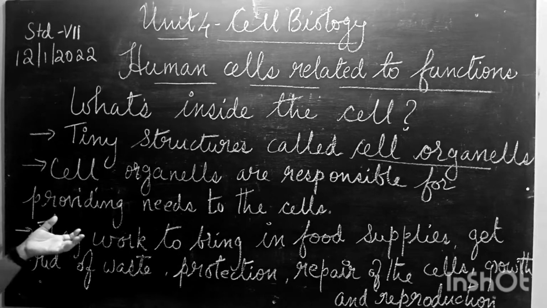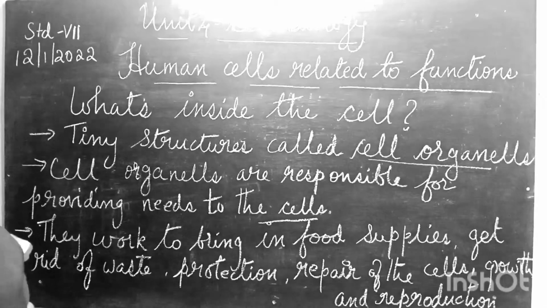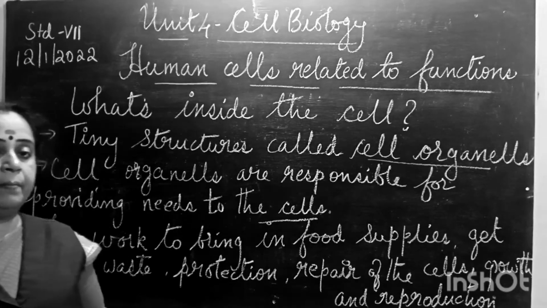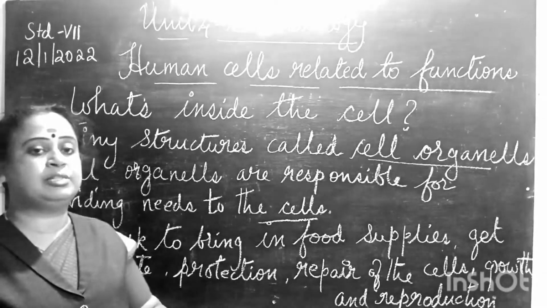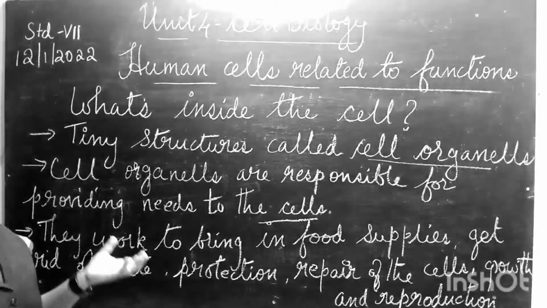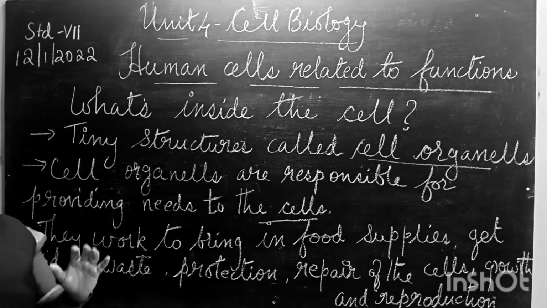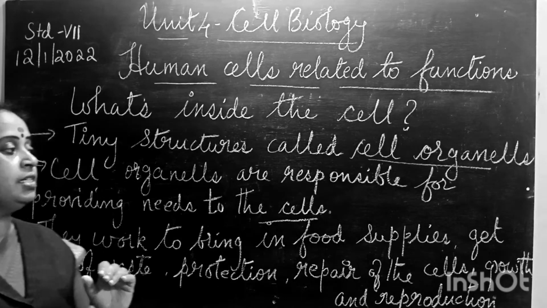Cell organelles are responsible for providing the needs of the cells. All the functions done by the cells are possible because of the presence of cell organelles inside the cell. The cell organelles provide all the needs to the cells so that the cells are able to perform their function properly.